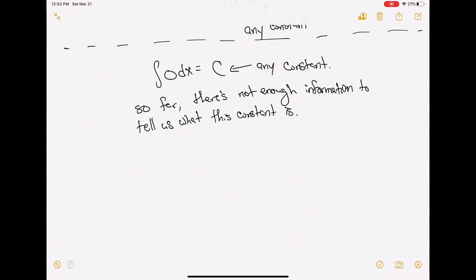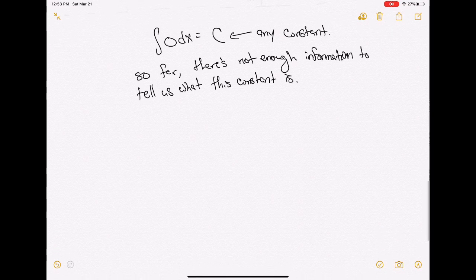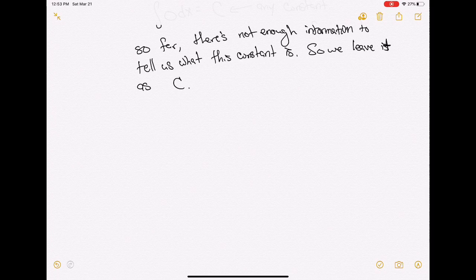So when we don't have enough information, we just leave it as plus c.